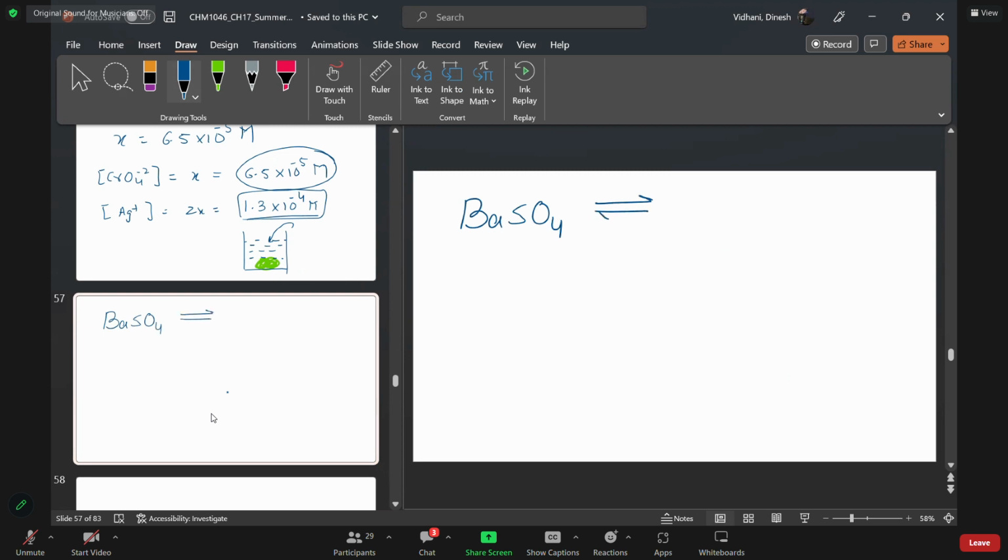At equilibrium, it gives us barium ions and sulfate ions. Now, suppose this equilibrium is established and now I add sulfate ions from outside. What would happen to this equilibrium? And what would happen to the solubility of barium sulfate? Would it increase or would it decrease?